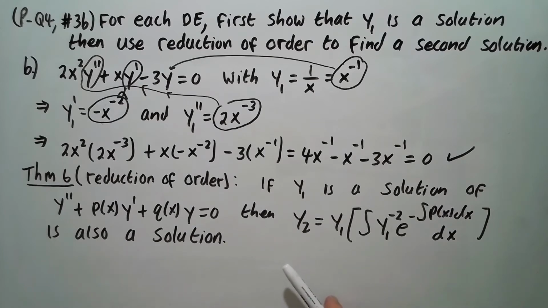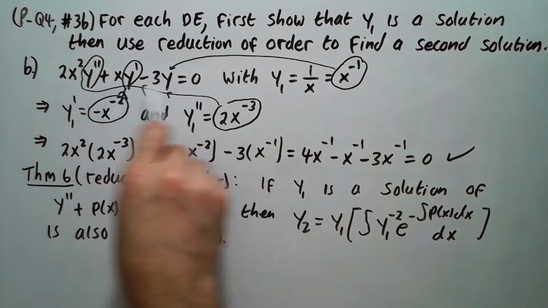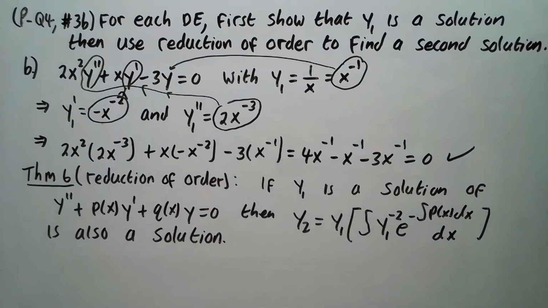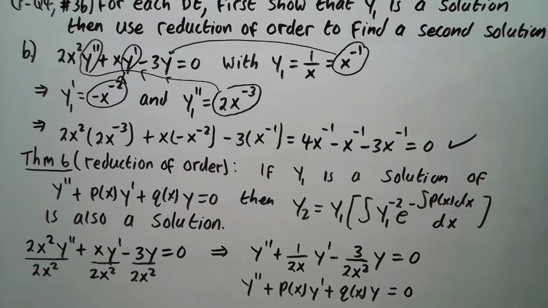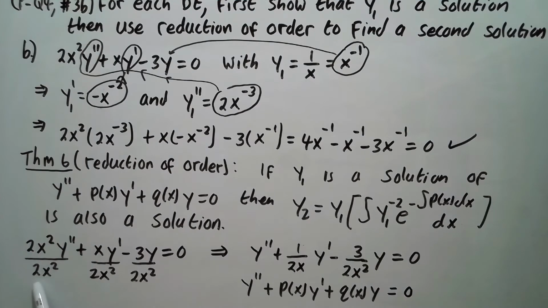Okay, so we have to identify our p in our case. But notice this differential equation here, the coefficient in front of the y double prime is 1. So we're going to have to divide everything by 2x squared here. So let's do that. Taking our original differential equation up here, dividing everything by 2x squared to get the coefficient in front of the y double prime to be 1.